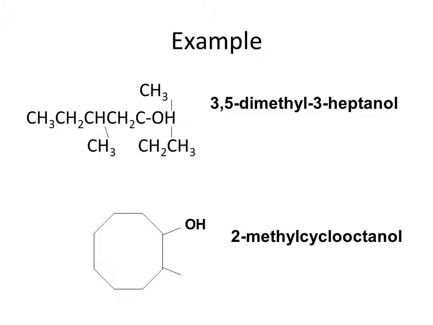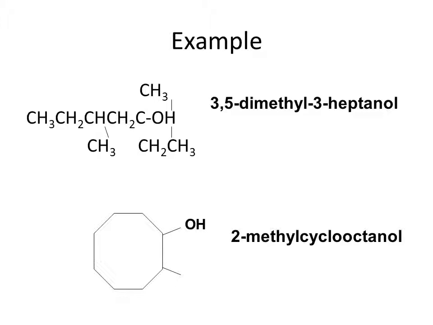If I look at the example below, you will see there are 8 carbons in that ring. So that would be cyclooctane. But it has an alcohol group on it, so I take off the E and make it cyclooctanol. Remember, in the rings, the functional group always is on the number 1 carbon.